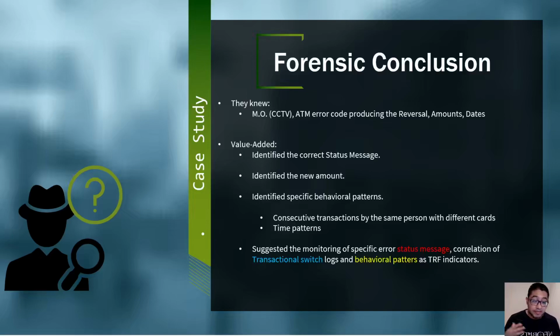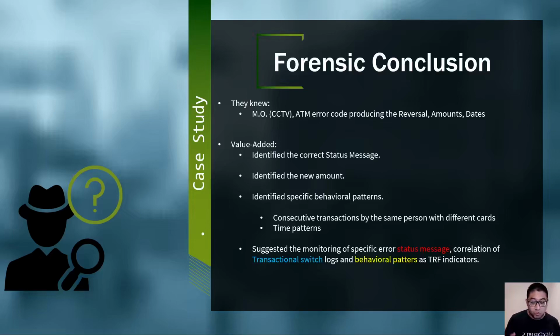So at the end of this case study that I worked on, what happened? The financial institution already knew the modus operandi, because they saw the CCTV records, they knew the ATM error producing the reversals, they knew the amounts, they knew the dates, they almost had everything. But when I started to analyze all of these thousands of journals, I found the correct ATM error.